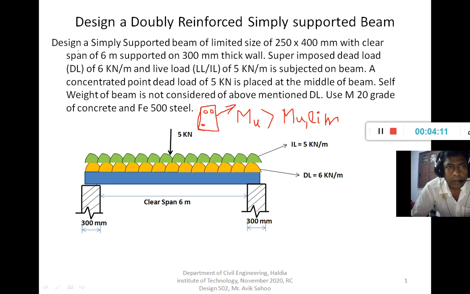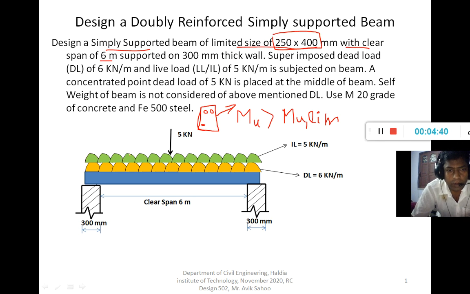So here the simply supported beam is given of limited size 250 into 400 mm. The size of the beam is restricted, we cannot change the depth or the size of the beam. So this size we consider to design the simply supported beam, with a clear span of 6 meter.